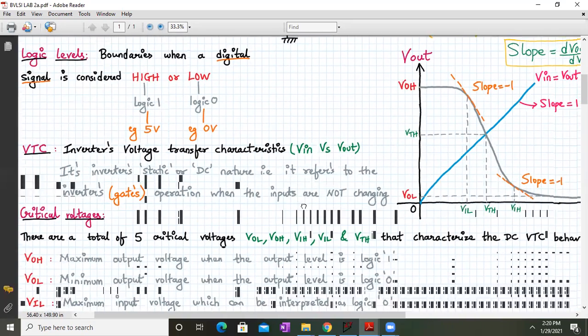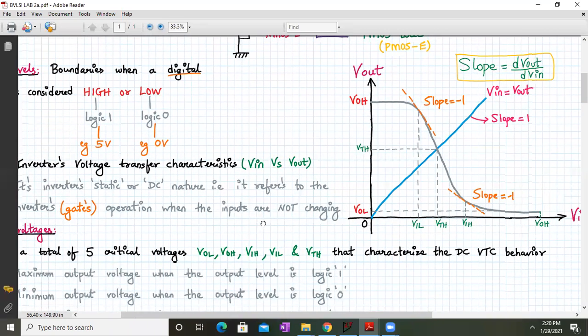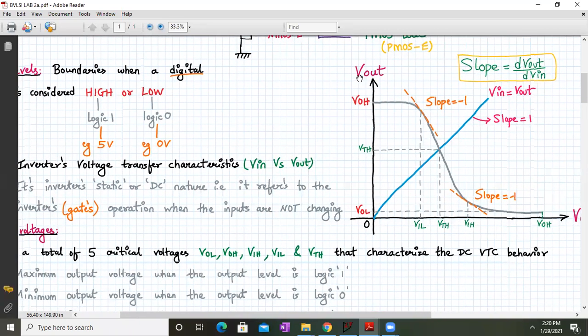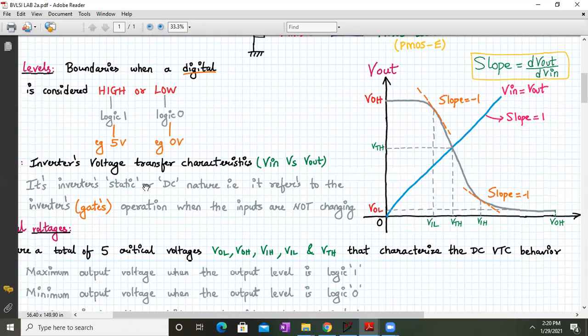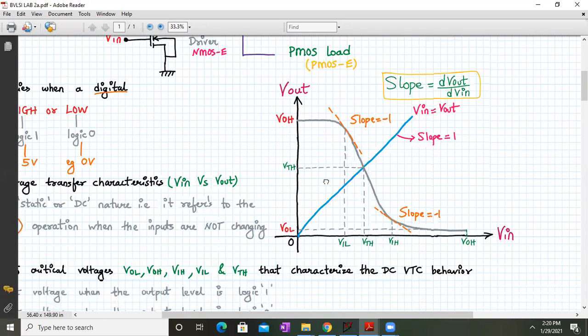A VTC curve, that is the voltage transfer characteristics curve, is a V in versus V out graph. It represents the inverter's static or DC nature. That means it refers to the inverter or gate operation when the inputs are not changing. So basically it describes the static behavior of the MOS inverter.